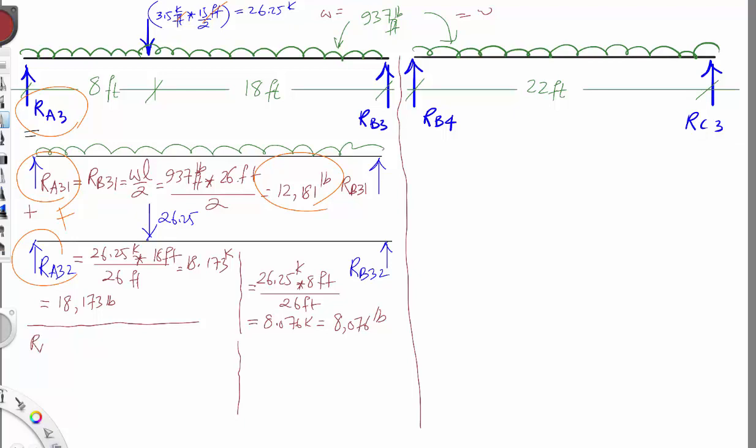So RA3 is equal to RA31 plus RA32, which is 12,181 pounds plus 18,173 pounds, and is equal to 30,354 pounds. That is the load on column A.